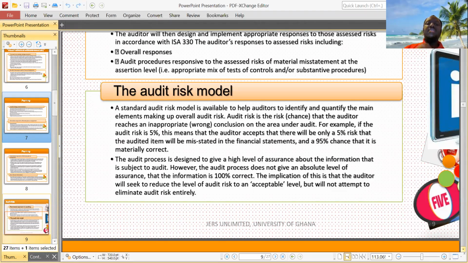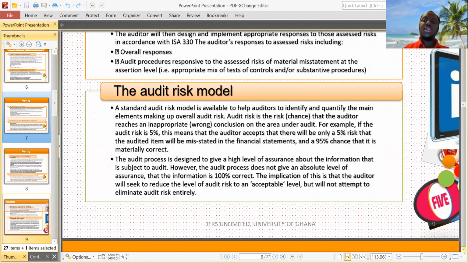The audit process is designed to give a high level of assurance about the information that is subject to the audit. High or reasonable level of assurance. What you need to know is that the audit process does not give an absolute level of assurance that the information is 100% correct. It's very, very important. Audits do not give 100% assurance because, based on how the audit work is done, the auditor does not test every single transaction.